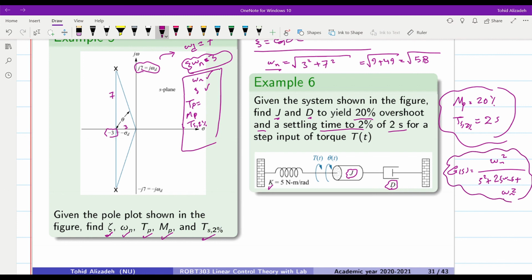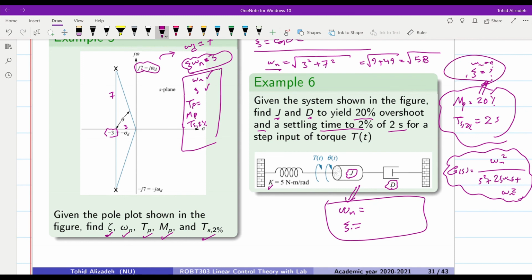We need to find out the transfer function for this system, and then out of that we will get expressions for omega n and zeta in terms of J and D. So these will be functions of J and D, and out of here we will get values for zeta and omega n. Comparing what we have over there with what we have here, we will get the values for J and D.